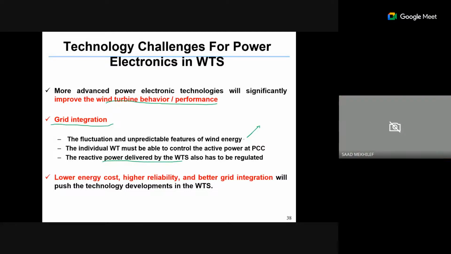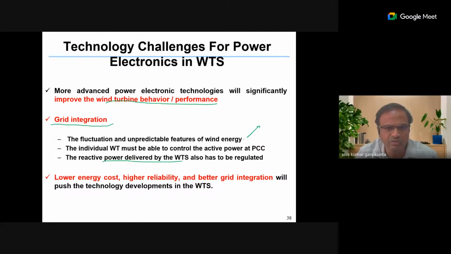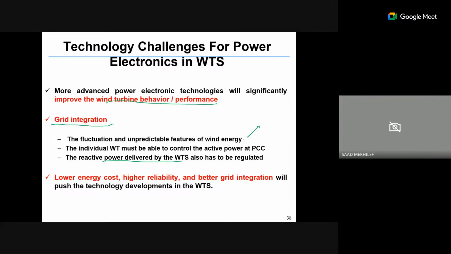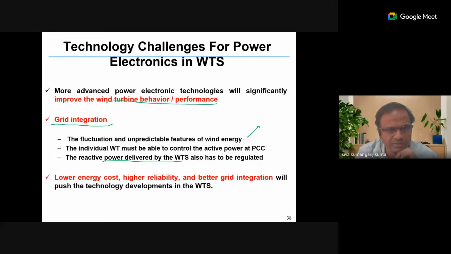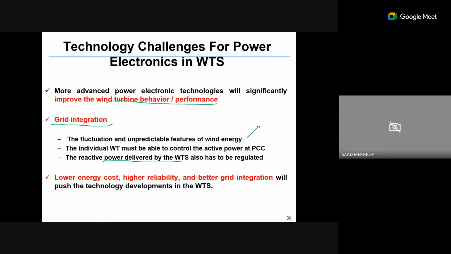I have a doubt whether the wind turbine system is going to deliver reactive power to regulate the grid. These are the challenges that need to be addressed. They are not the current situation, but these are the challenges.